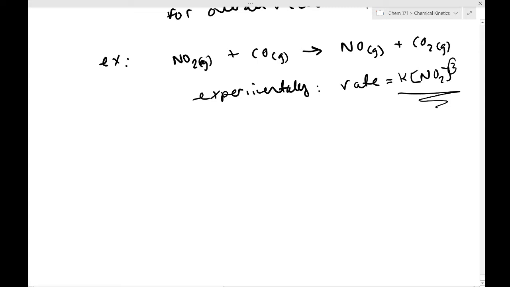If this was the only elementary step that happened, we would know that the rate is equal to k[NO2][CO]. But that's not what it equals, so we know that this is not a single step.